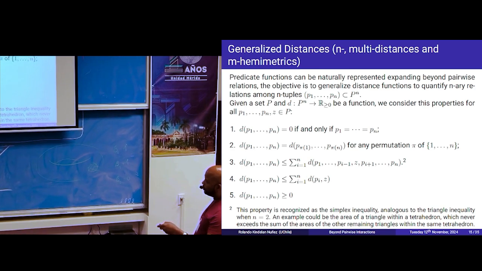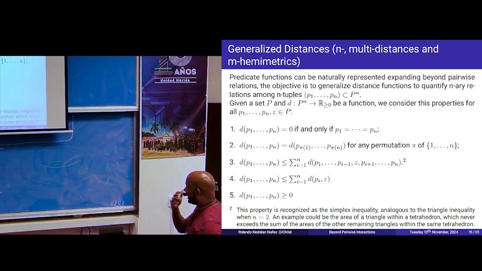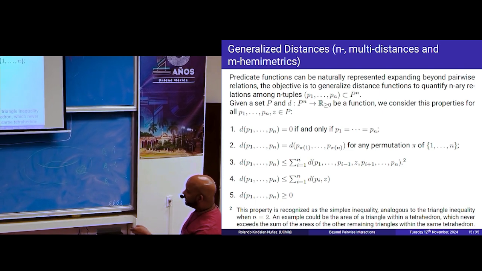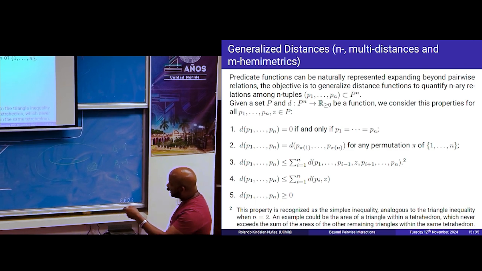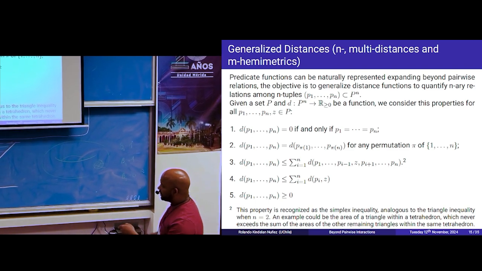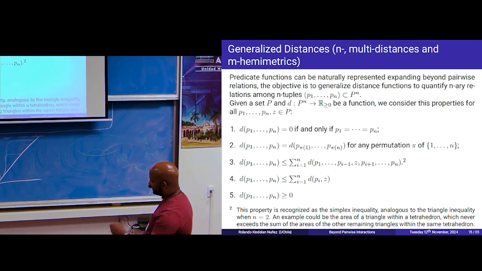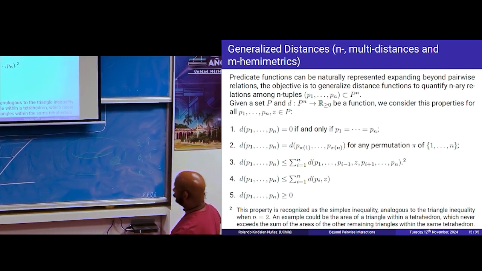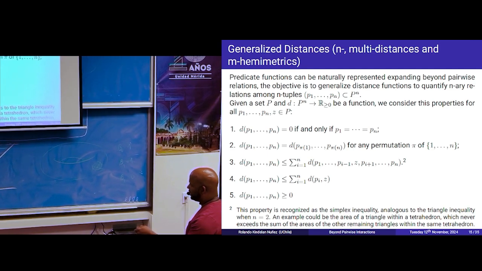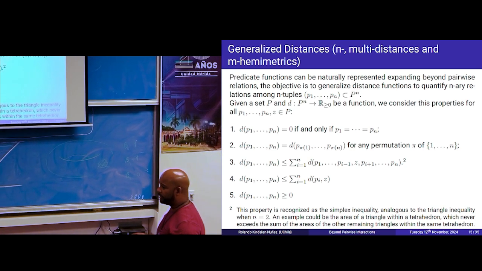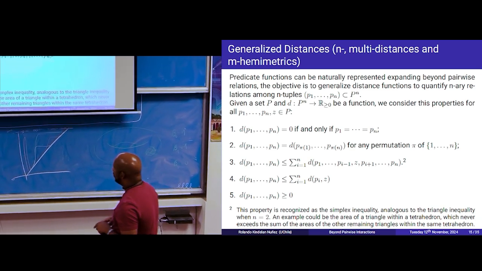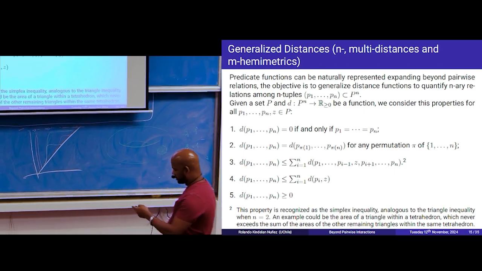And the other one is another kind of property similar to this one, but corresponding to another distance. We will see this after this. And this one means that the multi-distance should always be greater than or equal to 0.